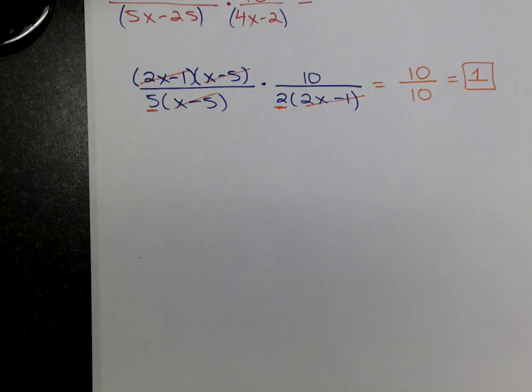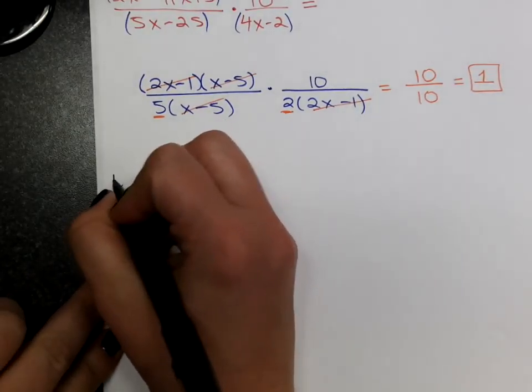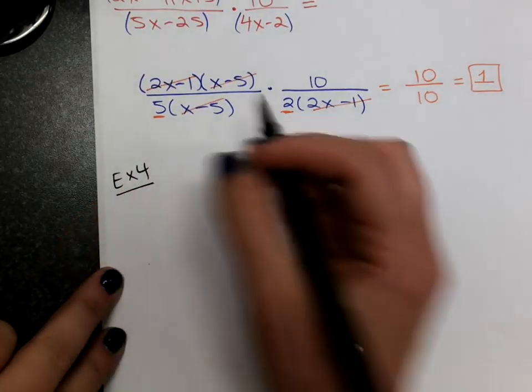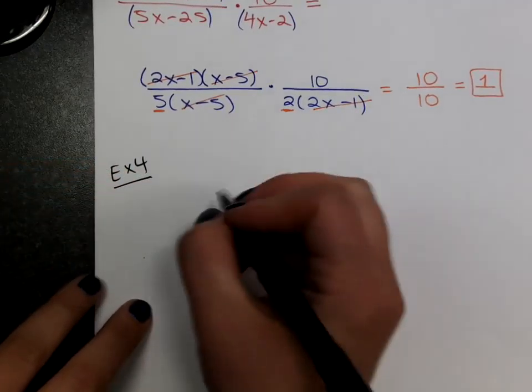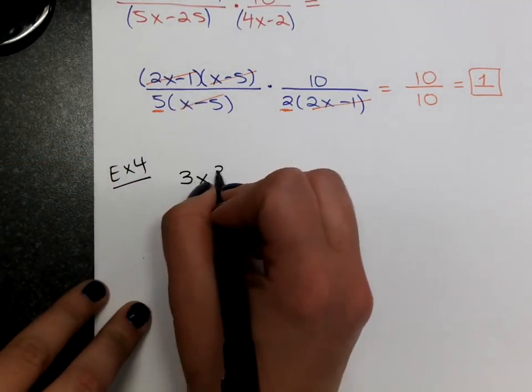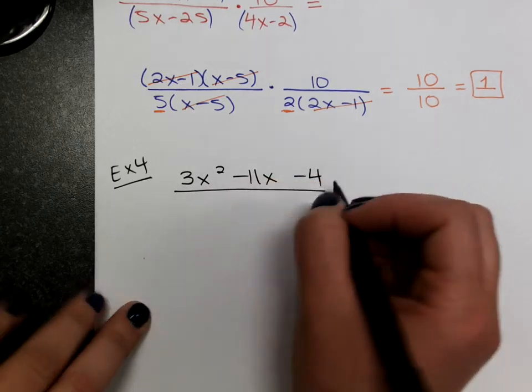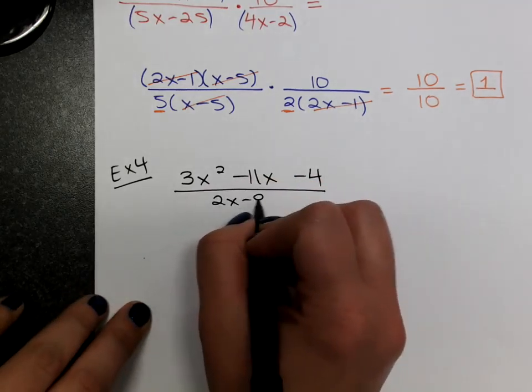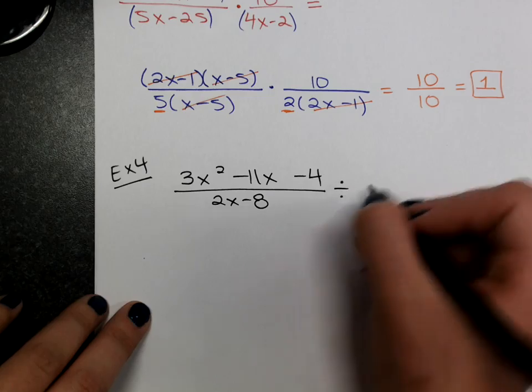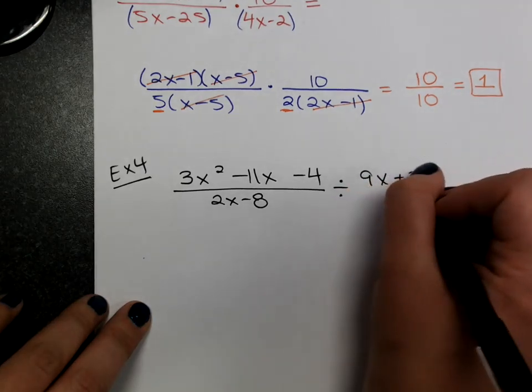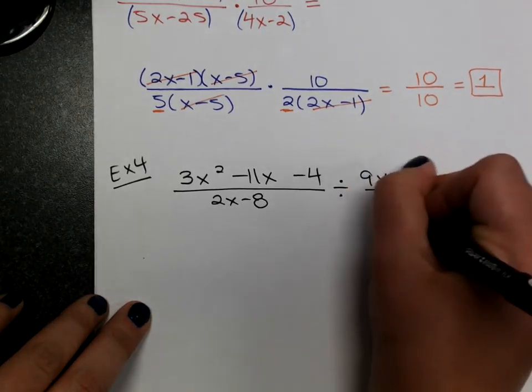Alright, one more of these monsters. Example 4: 3x squared minus 11x minus 4 over 2x minus 8, divided by 9x plus 3 over 6.